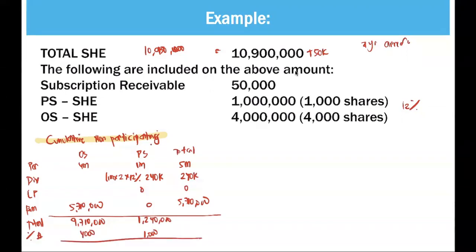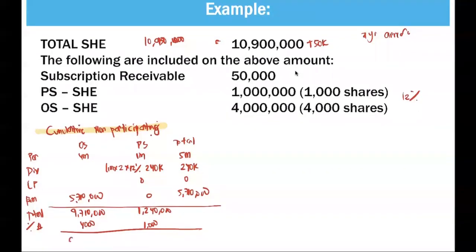So 9,710,000 divided by 4,000 shares, we have 2,427.5. That is the book value per share. For PS, we have 1.24 million divided by 1,000 shares, we have 1,240. That is if it is cumulative, non-participating.